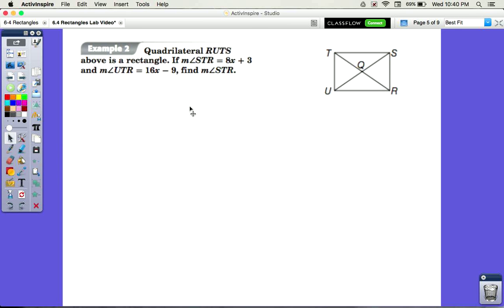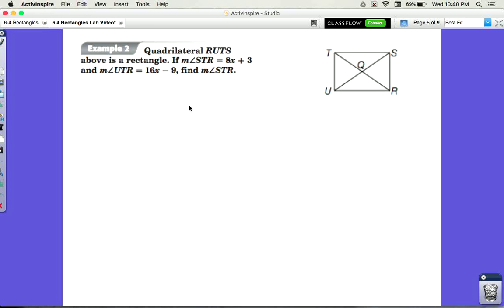So example 2, quadrilateral RUTS above is a rectangle. So if the measure of angle STR is 8x plus 3 and the measure of angle UTR is 16x minus 9, find the measure of STR.